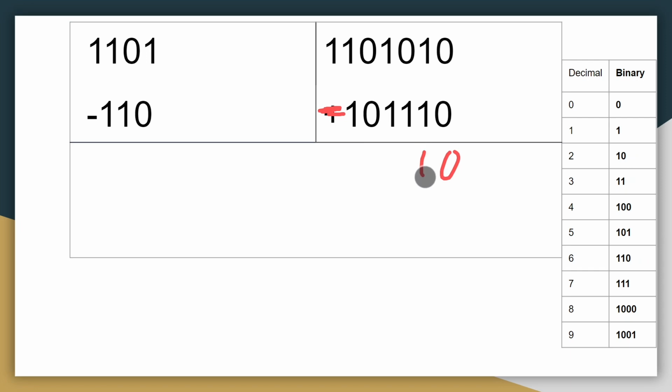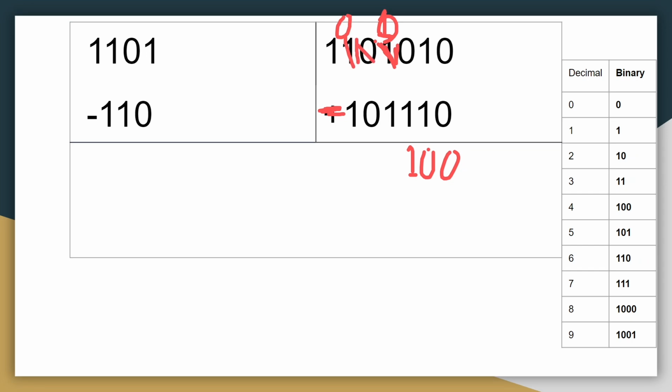1 minus 1 is also 0. And now over here we have to borrow again since it's 0 minus 1. So that becomes a 0, this becomes 10, and then 10 minus 1 is just 1. Then over here, 0 minus 1, we can't borrow from this 0, there's nothing there. So we borrow from here. This becomes a 0, this becomes a 1, this becomes 10.